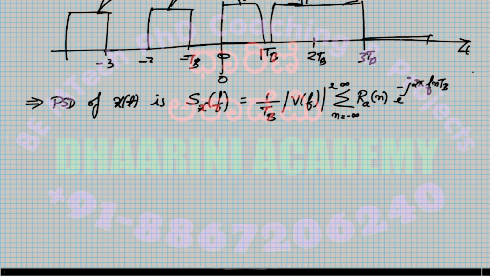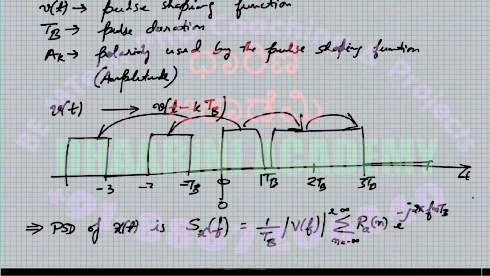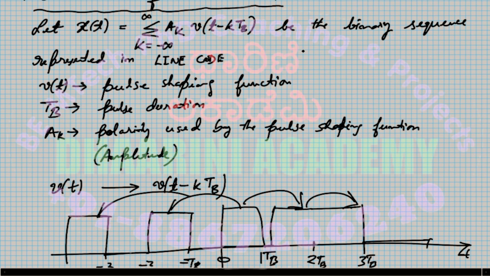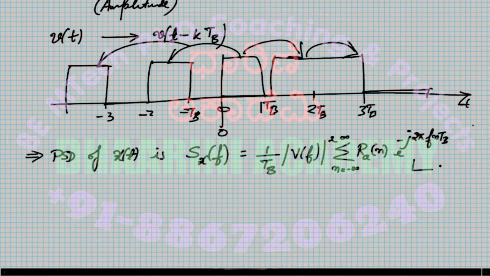Okay, this is the equation. I'll give equation numbers so that we can refer to them. The equation of x of t is equation number 1, and this equation is equation number 2. For the given x of t, its PSD is given by this equation.